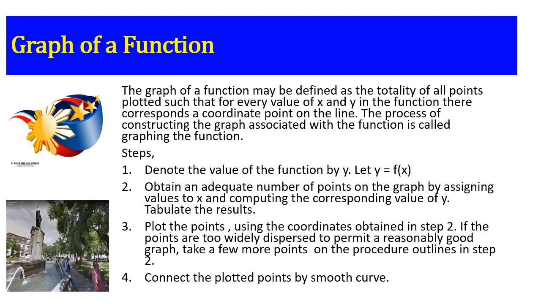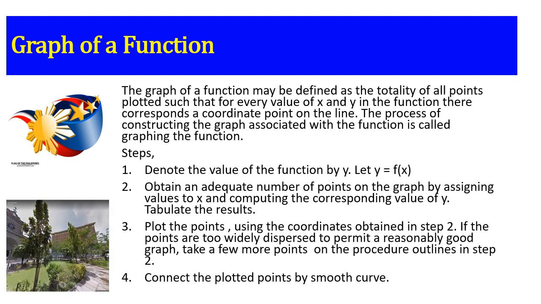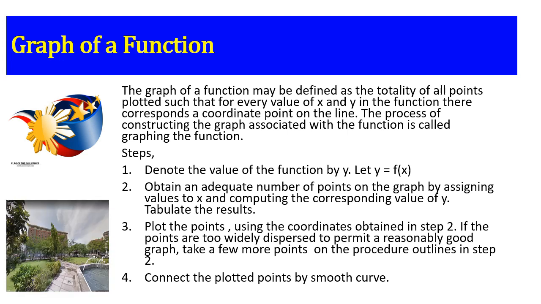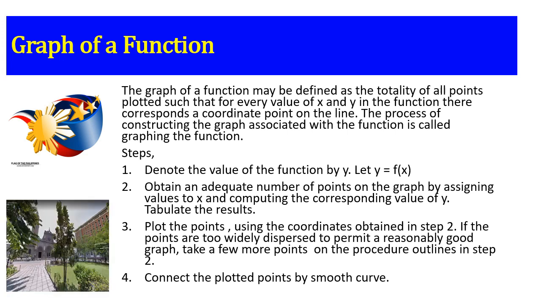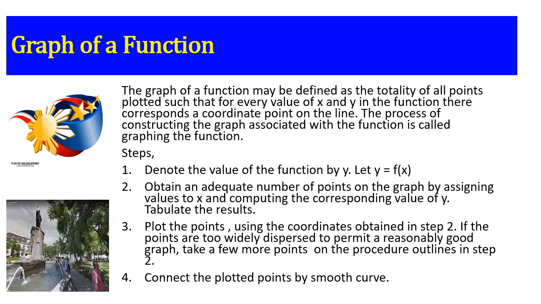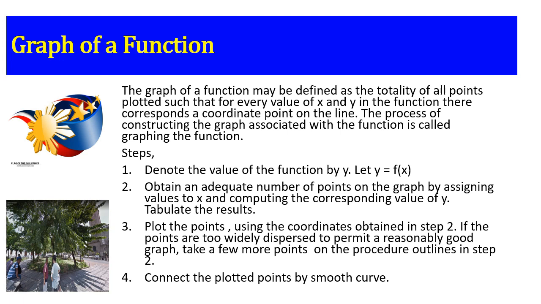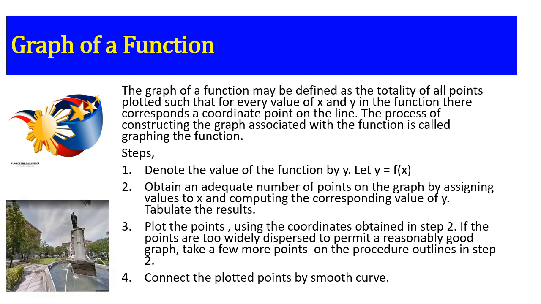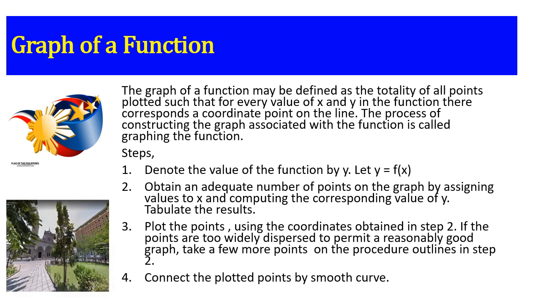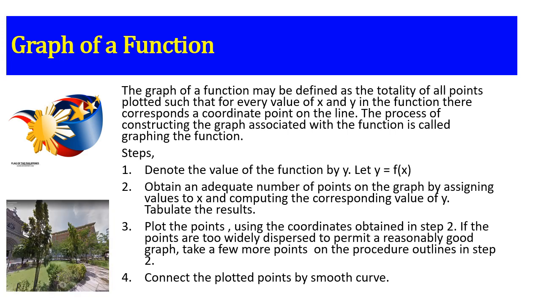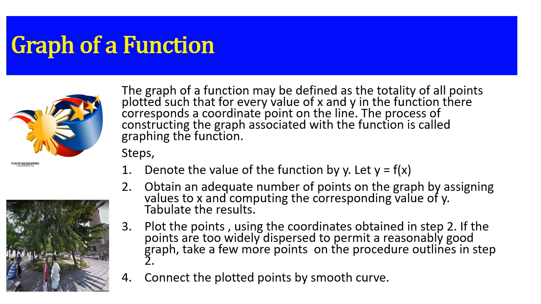Number 3, plot the points using the coordinates obtained in step 2. If the points are too widely dispersed to permit a reasonably good graph, take a few more points on the procedure outlined in step 2. And number 4, connect the plotted points by a smooth curve.